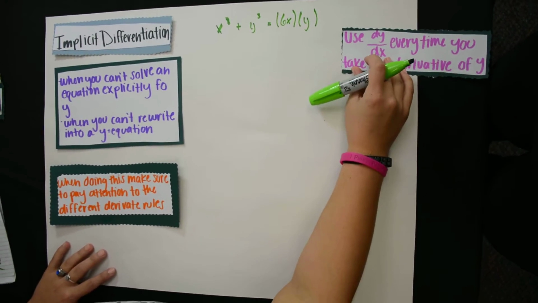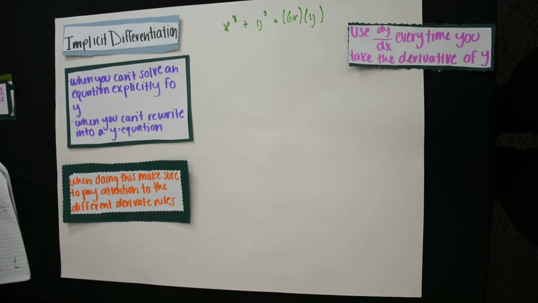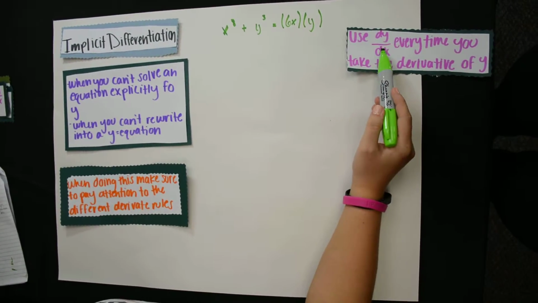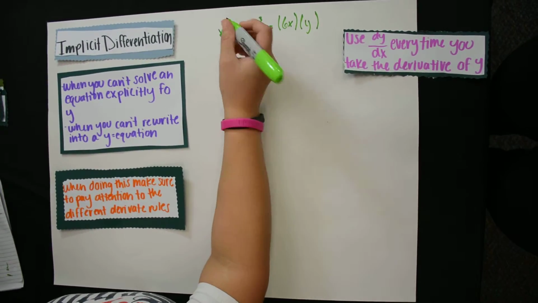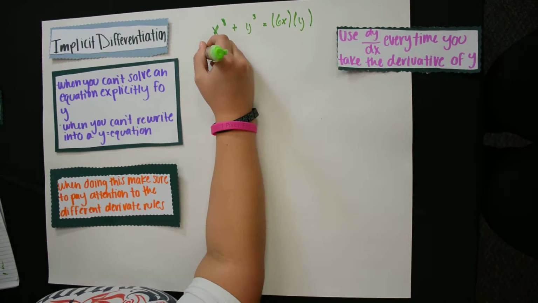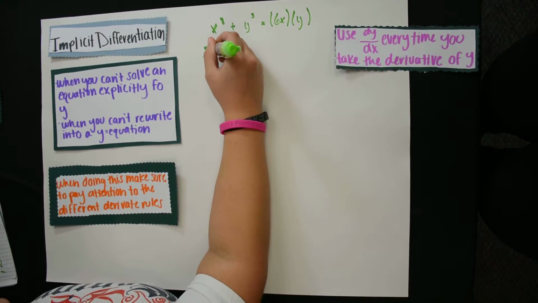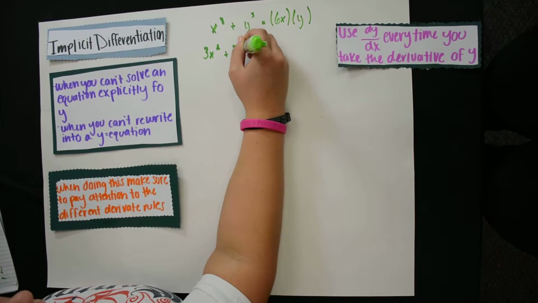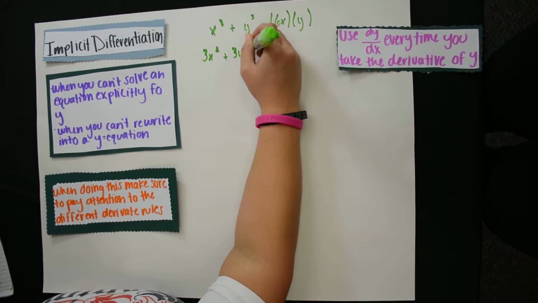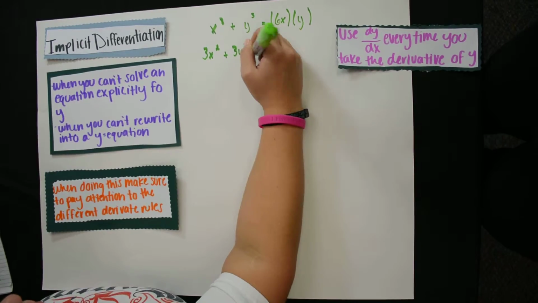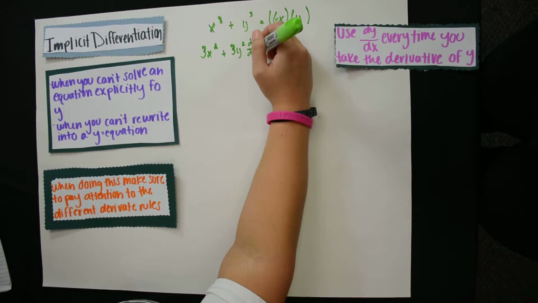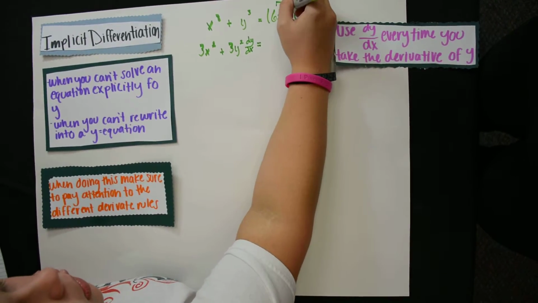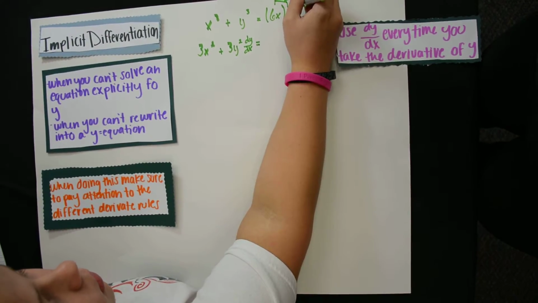So we're going to do this, and every time you take a derivative of y, you have to put in a dy/dx. So we're going to use our power rule, and you're going to have 3x squared plus 3y squared dy/dx equals, and this right here, we're going to have to use the product rule.